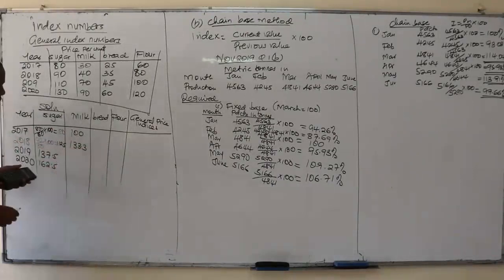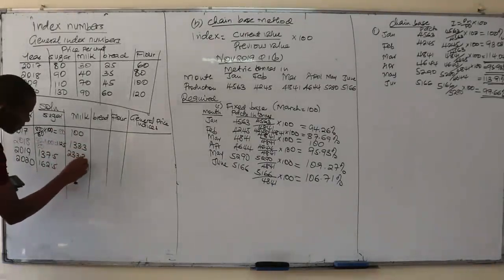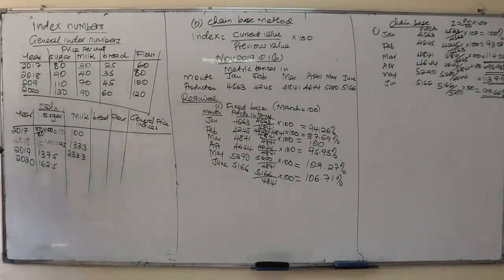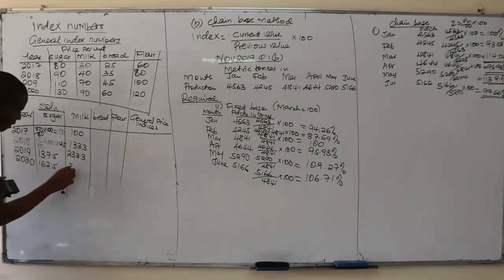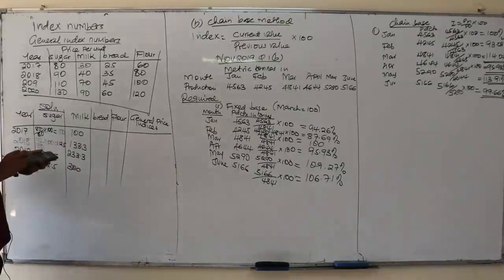which in this case will be 133.3. The other one will be 70 over 30. You divide by 30, which is 233.3. The next one will be 90 over 30, which in that case is 300. For bread, it will also be 25.